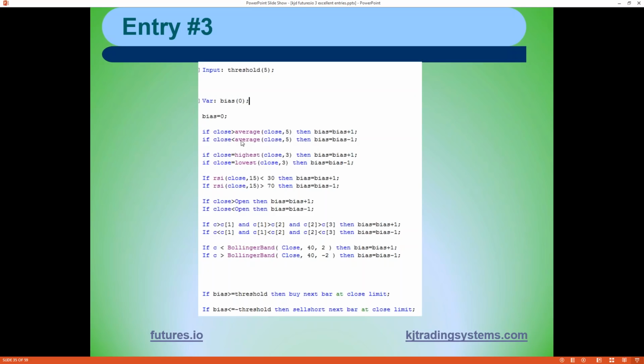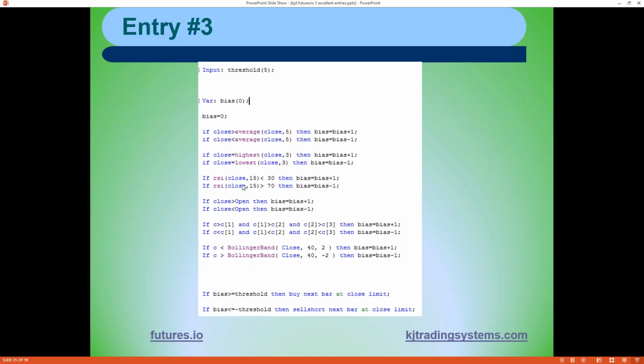What he does is he has an input value. I'm going to call it threshold, because you're going to want to exceed the threshold. So he said, I just took some example ones. If the close is greater than the 5-bar average, then your bias is long. So you add 1 to the bias variable. If it's less than the 5-bar moving average, then the bias is short. So you subtract 1.